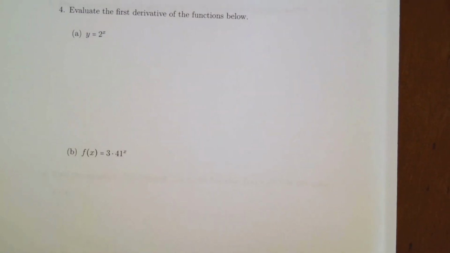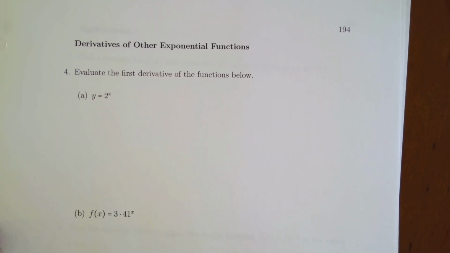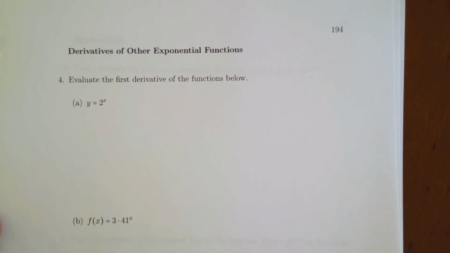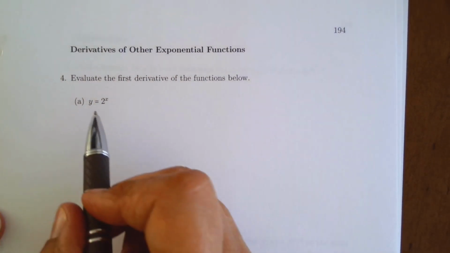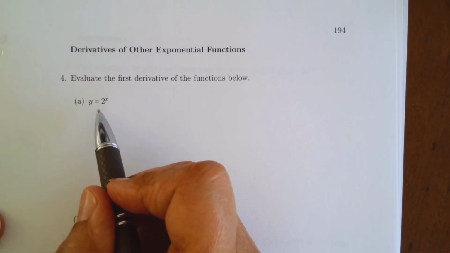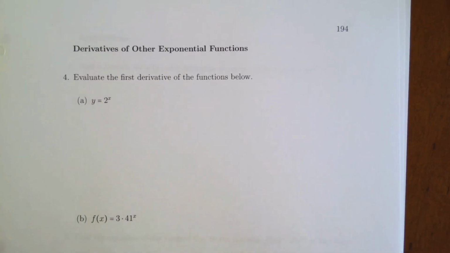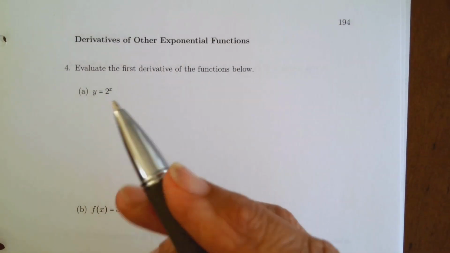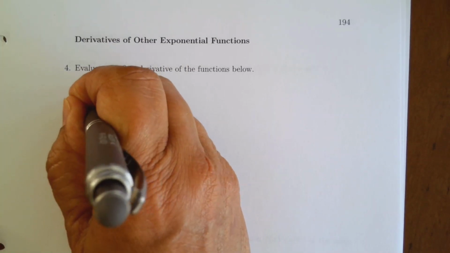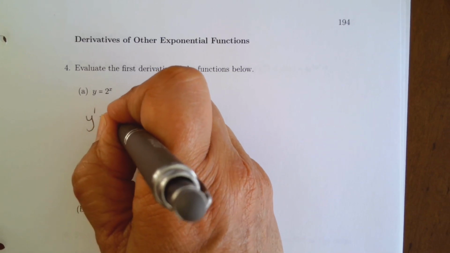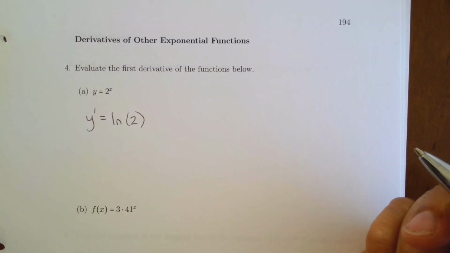All right. Now, on this page, we're looking at other exponential functions. So the base is no longer e. This is that capital B from the first page. Everything is the same except you have to take the natural log of the base. So the derivative of 2 to the x, since the base is not e, you always start with the natural log of the base.